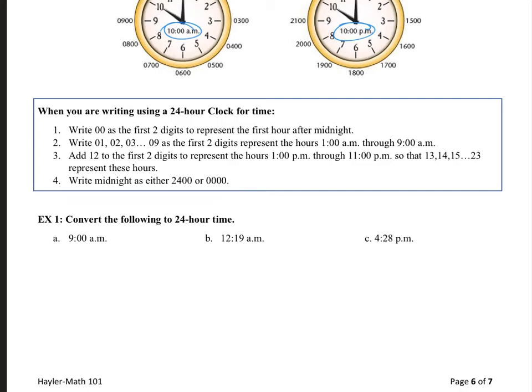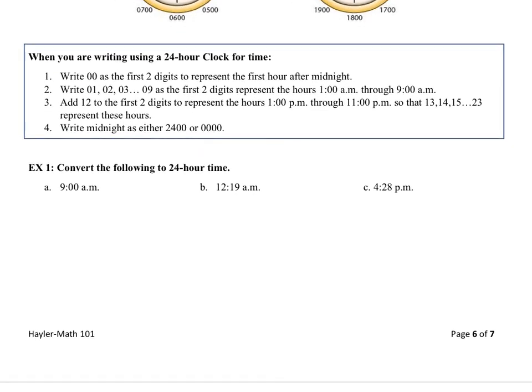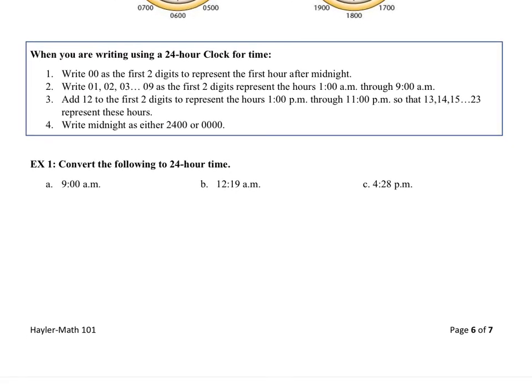Alright, moving along. When you're writing using a 24-hour clock, first things first, you write 00 as the first 2 digits to represent the first hour after midnight. For example, let's say it's 10 minutes after midnight. Since it's after midnight, you would do 00 and then 10 for 10 minutes after midnight.